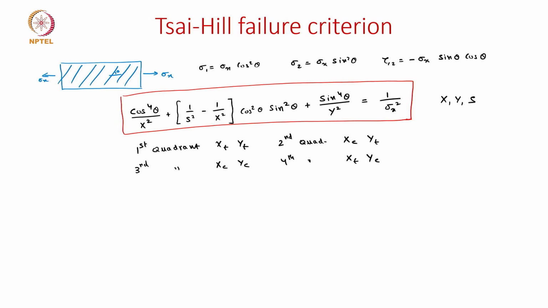So there are some salient points to be noted when we discuss about this Tsai-Hill, that it is a continuous smooth curve in each quadrant. But the place where it moves from one quadrant to the other, though it is continuous, the slope may not be the same.